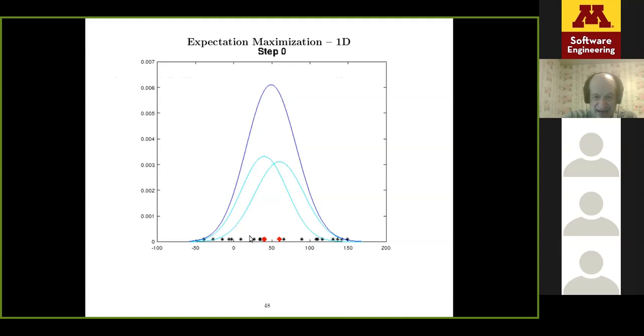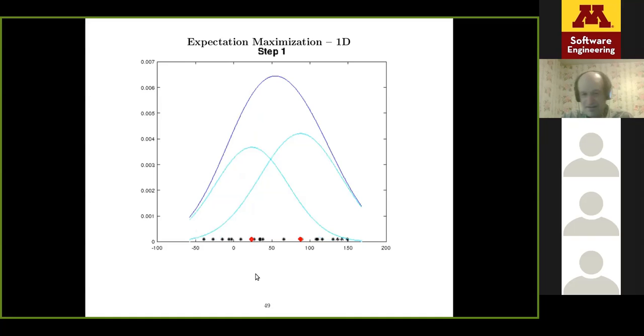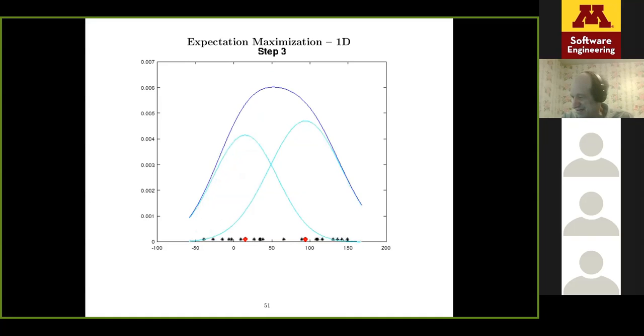The red dots are the centers of where I think the Gaussians are. So I think one is peaked here and one is peaked there. If I add the two together, I get the big purple curve. I can go through this iteration to try to figure out what these Gaussians are.